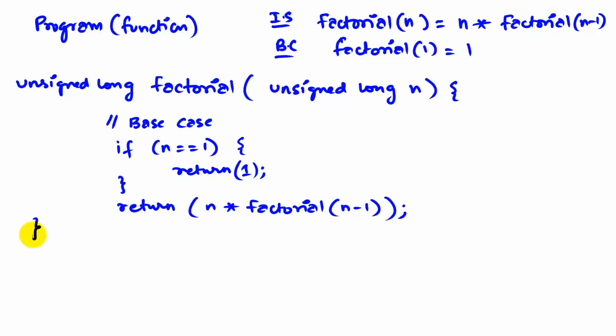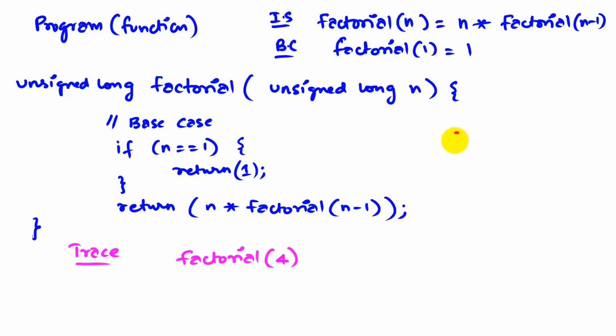So let's see how this works in principle. We're going to trace this program. Tracing means we're going to take some instances of calling this. For example, I'm going to call factorial with an input of, let's say, 4, and see what happens. What I'm going to show you is how the call looks.